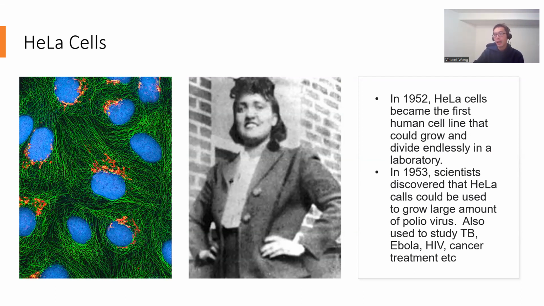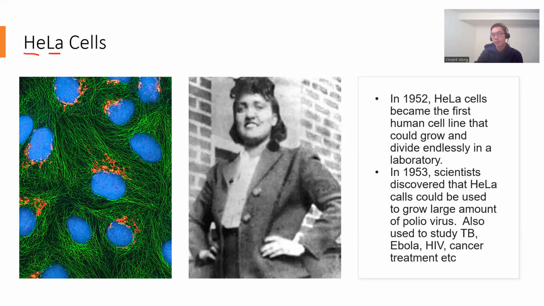It's the first cell line that has been cloned and grown endlessly in the laboratory. It was actually taken from this lady, Henrietta Lacks. That's what the HeLa stands for. He is the first two letters of her first name, and La is the first two letters of her last name.